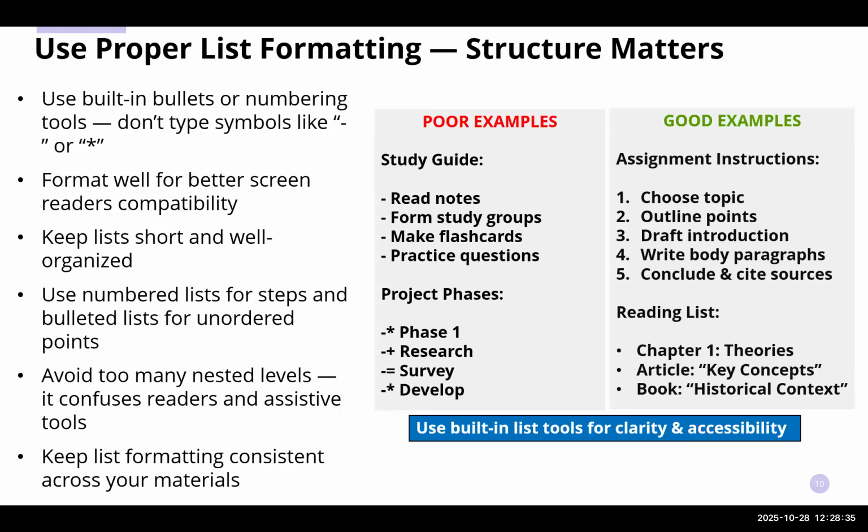Now, here's the part that matters. Even when you use built-in lists, try to keep it simple. That is, try not to go beyond one level of nested bullets, because too many layers can get confusing both visually and for screen reader users.